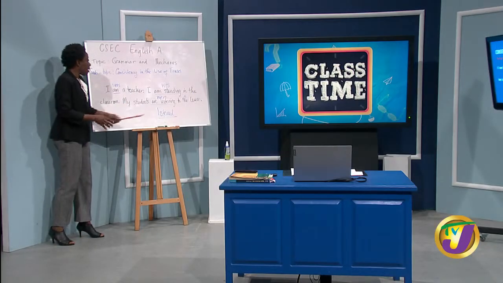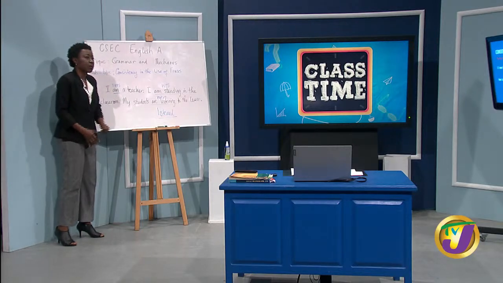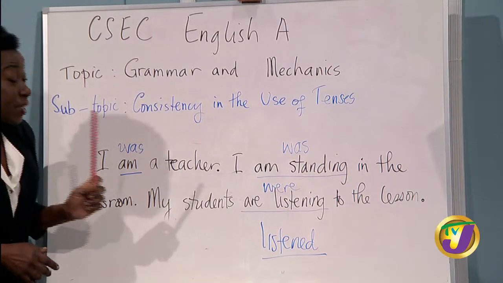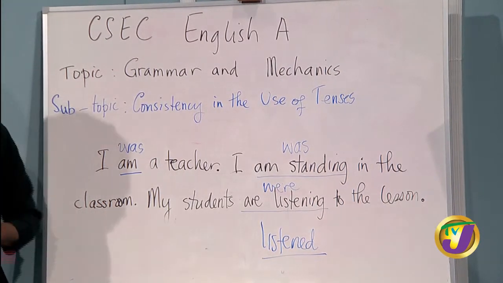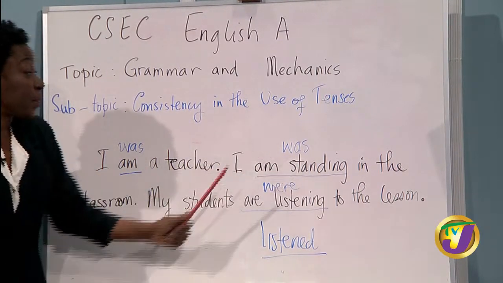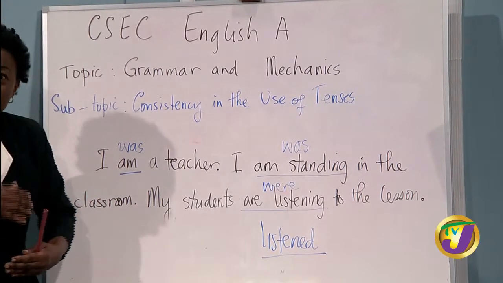But why do you think listened would be a shift in tense? Yes, it is a shift in tense because the action is happening right here. Standing and listening. The process is going on.